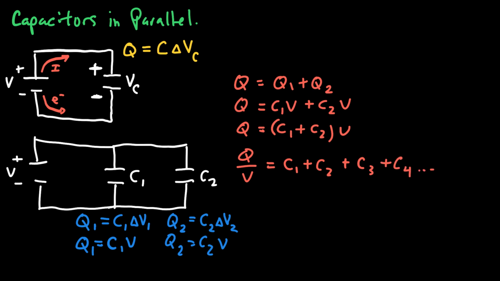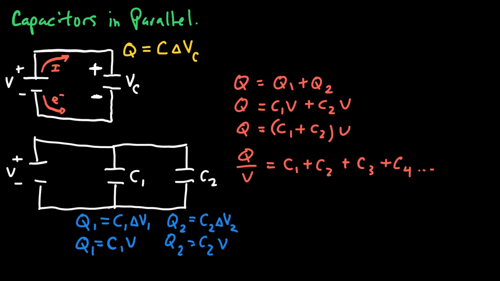And so when I have capacitors in parallel, the capacitances add up. They get bigger. Which is to say that if I put capacitors in parallel, the amount of charge, Q, that I can store per volt of the battery increases.